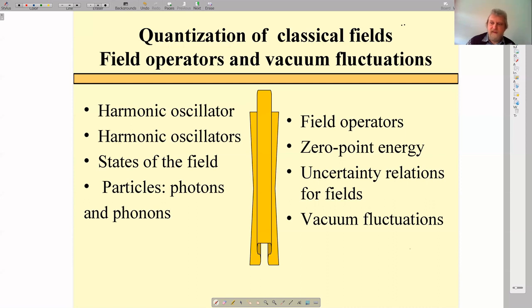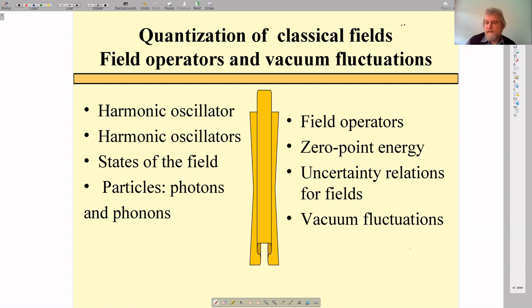Another example, which we just made up to show how universal the concept of the field is: we made, for instance, a string from balls connected by springs. That we will also recall today. But the main message is how to quantize it.